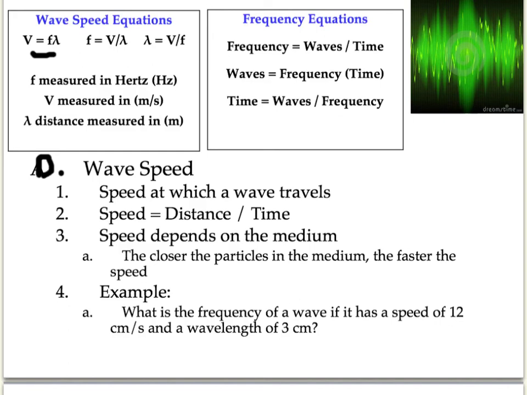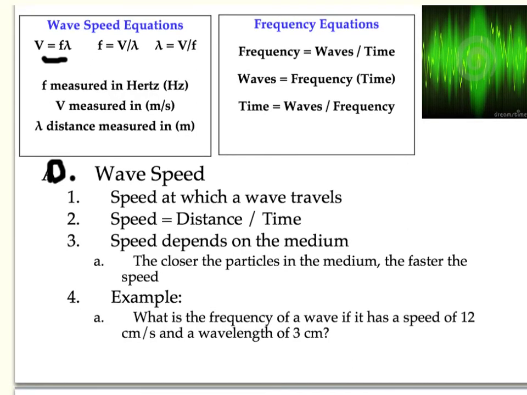Okay, let's try an example problem. What is the frequency of a wave if it has a speed of 12 centimeters per second and a wavelength of 3 centimeters? So since we're solving for frequency and we've been given a speed or velocity and a wavelength, we want to use the second equation in box 1.